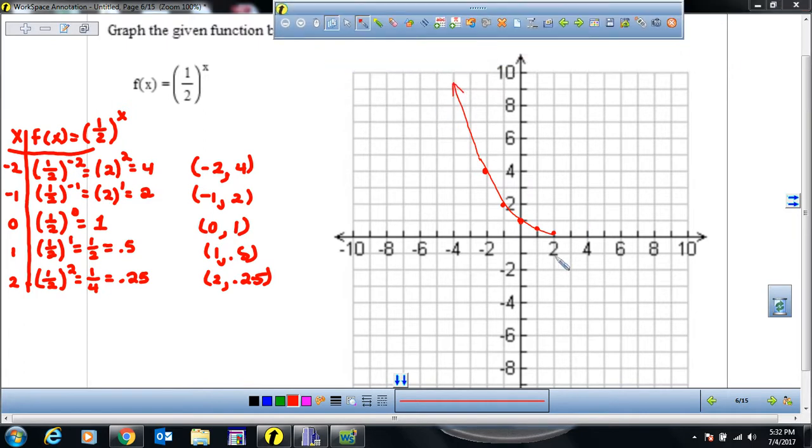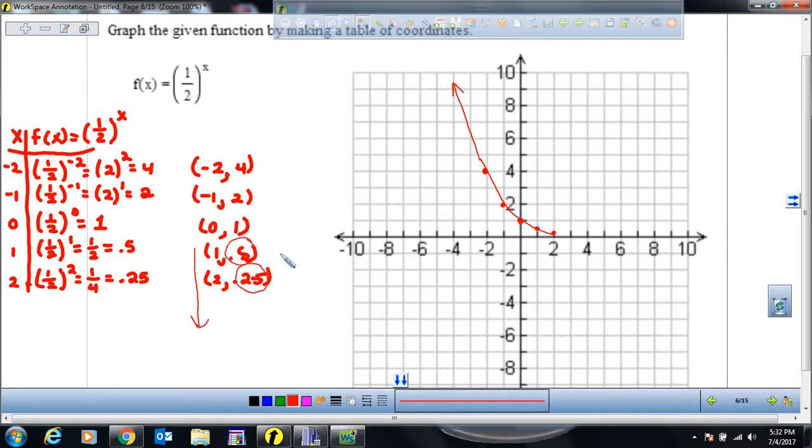So it is decreasing, but as we increase the value of x, what is happening to the value of y? It is again decreasing toward the number 0. So it keeps getting closer to 0. You see that the decimal is getting smaller and smaller.